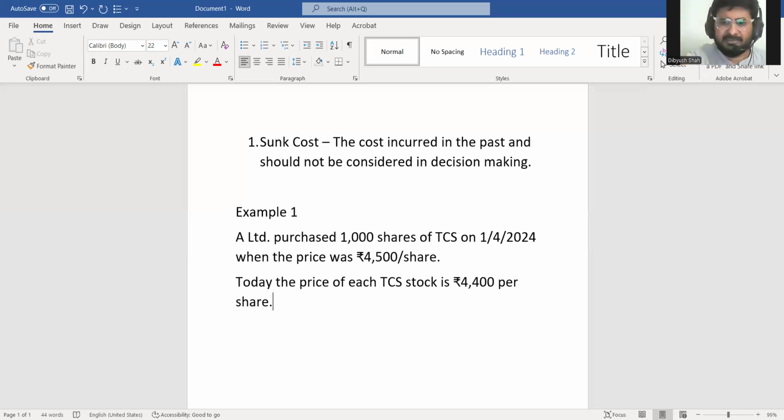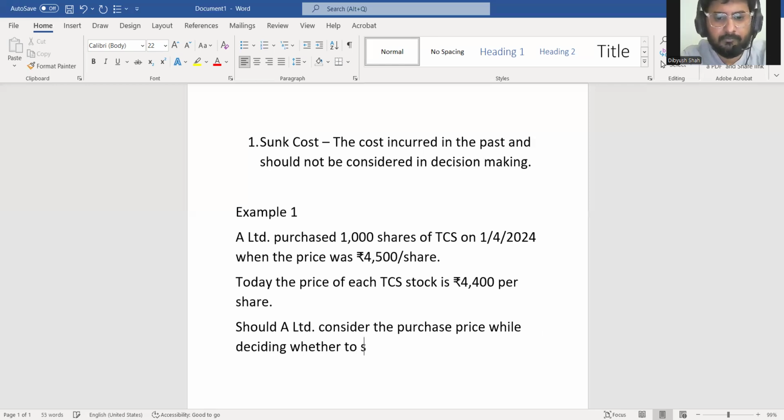The question is, should A Limited consider the purchase price that they paid, 4,500 per share, when they are deciding today on whether to sell the share, hold the share, or invest more?